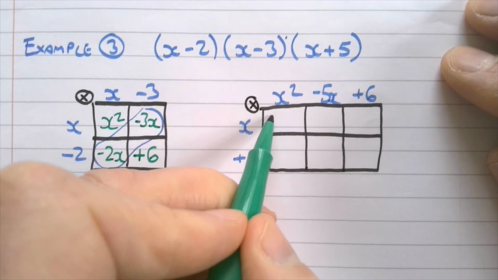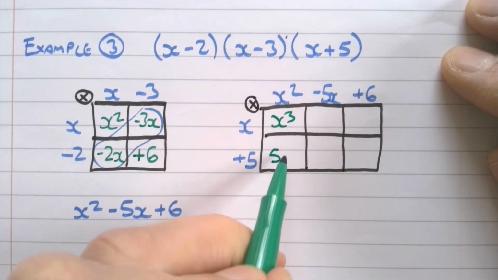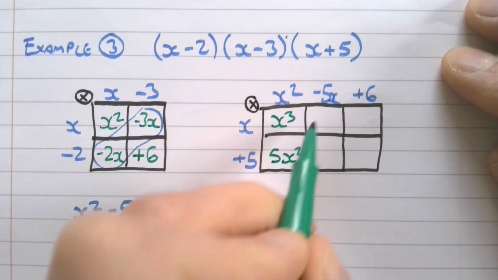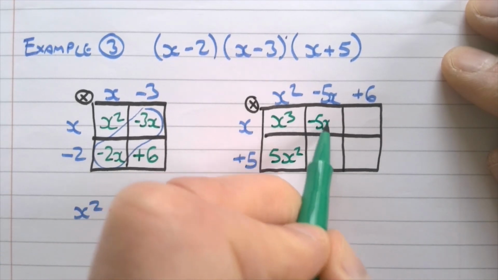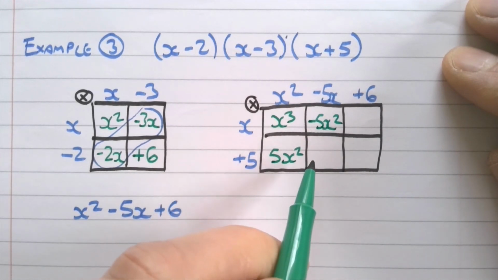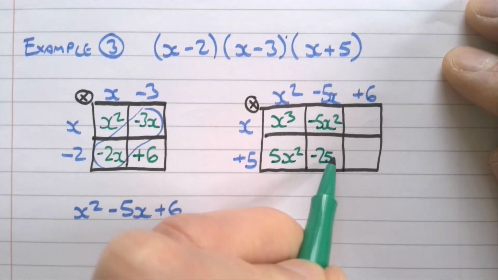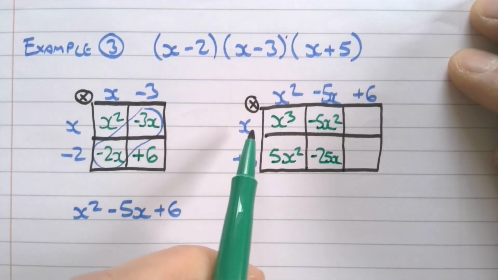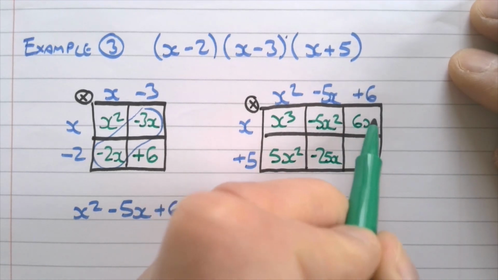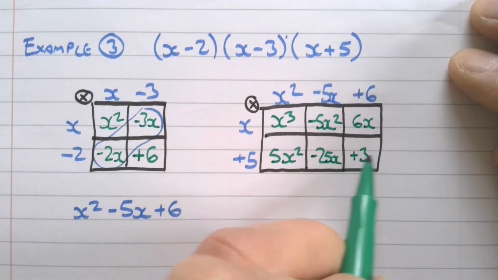x times x squared is x cubed, 5 lots of x squared is 5x squared, x times negative 5x is negative 5x squared, positive 5 lots of negative 5x is going to be negative 25x, x times positive 6 is just 6x, positive 5 times positive 6 is plus 30.